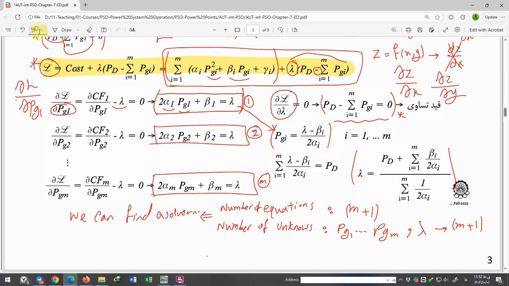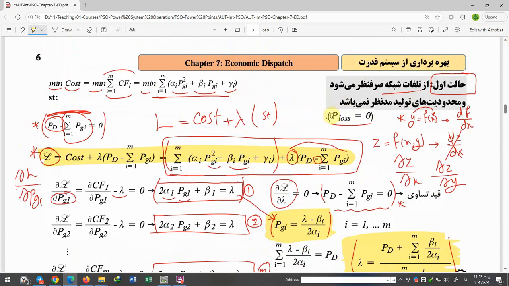So this final solution is very important, and you have to remember that in this scenario P loss is 0 and there is no limitation of generation; we don't have any maximum and minimum.